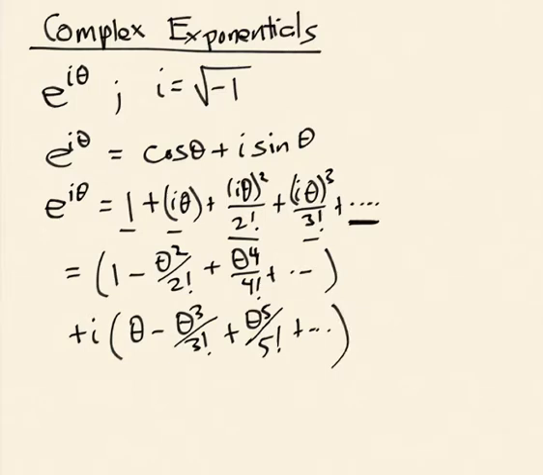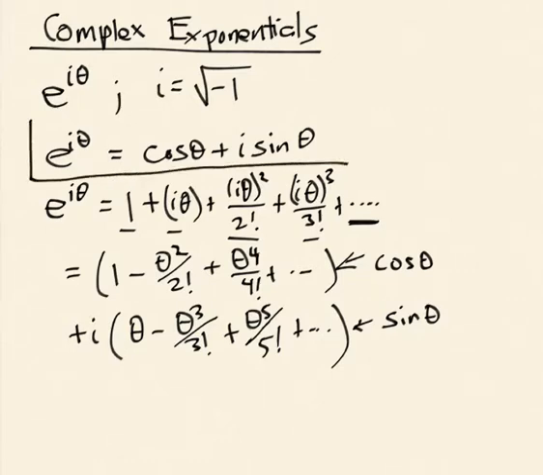Okay. Now, if I look at these two terms, it turns out that I know what they are. This is just the Taylor series for cosine of theta, and this is the Taylor series for sine of theta. Okay, so now we've verified that this expression up here is true.